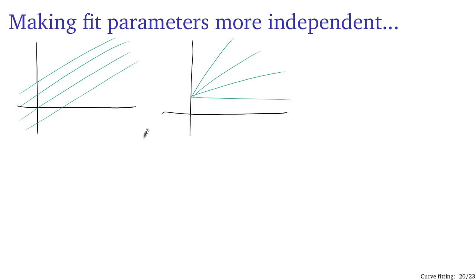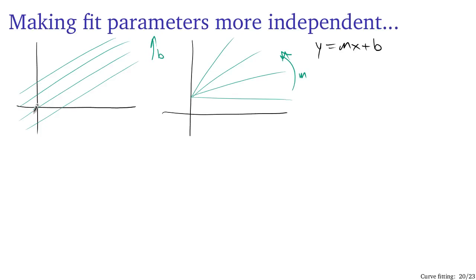Now, this is the case if I'm writing my fit function as just something simple, like y equals mx plus b. This is what happens if I change b. This is what happens if I change m. Changing the slope does not change the intercept. Changing the intercept does not change the slope.